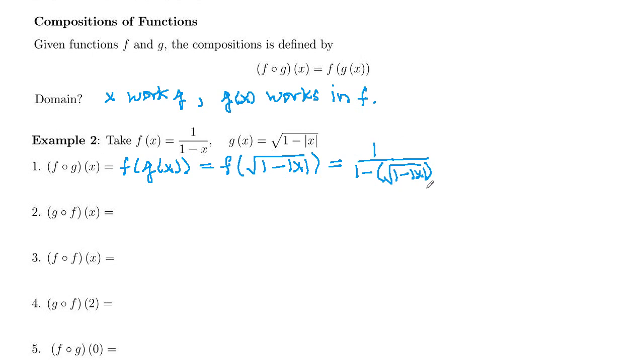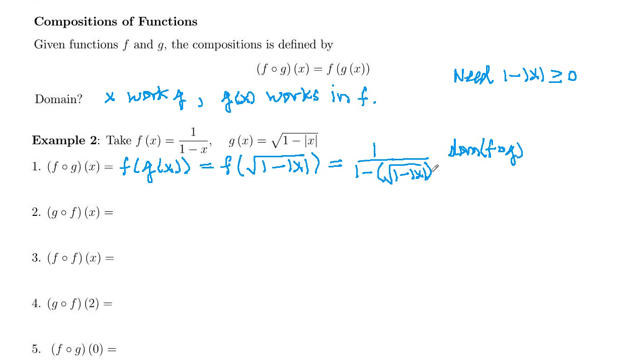So let's look at domain for this one. So domain of f circle g. Well, the x has to work inside of g, so your 1 minus absolute x here has to be greater than or equal to 0.